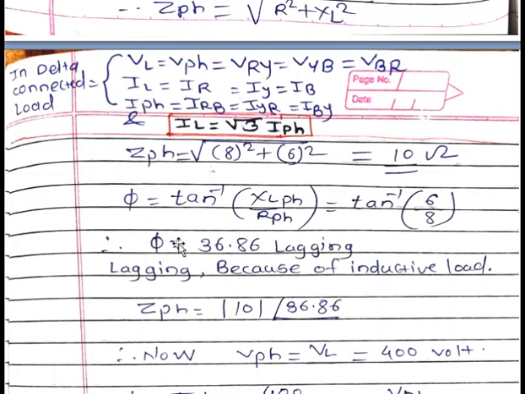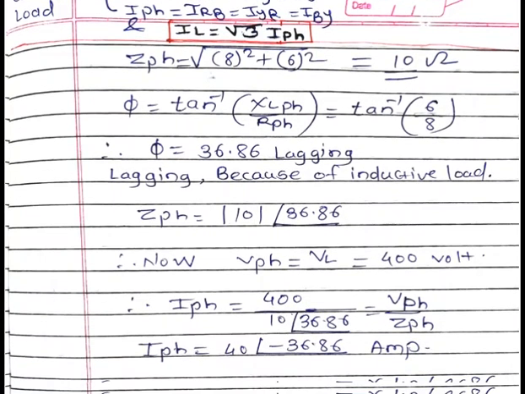Here the phase angle phi is lagging in nature because the current lags behind the supply voltage, because an R plus L type load, an inductive load, is present. In an inductive load, current is lagging. Now the phase impedance is 10 ohm in magnitude and 36.86 is the degree phase angle between the voltage and current.